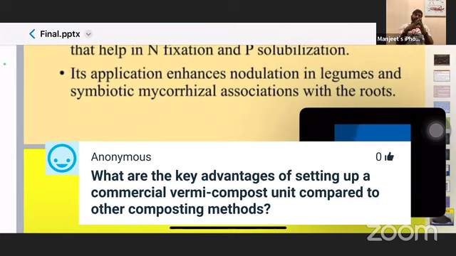Much time is required to convert raw dung into compost, but in vermicompost there is a much higher rate of conversion. So this is the major advantage.